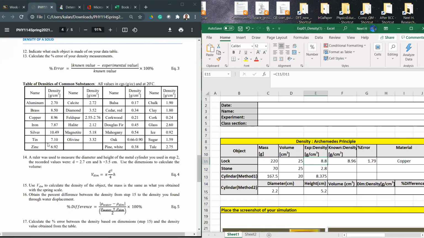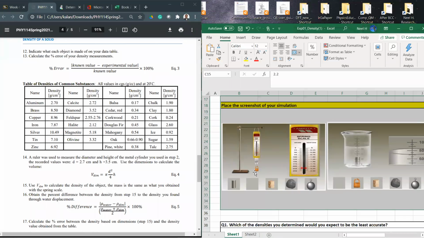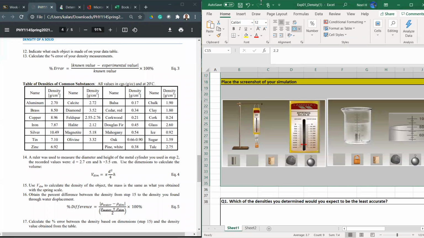Since we don't have 8.8 anywhere on the table, you need to find which one is the closest. Sometimes we may need a little bit of other information. For example, this padlock is a yellow color metal, and yellow color metal is going to be copper. That kind of information will be helpful when we're doing this search. Okay, that's all. Any other question?